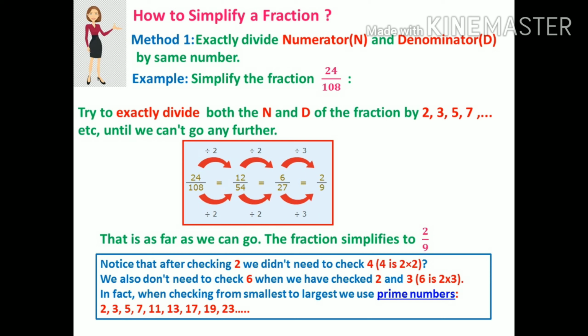So if a number is not divisible by 2, it will not be divisible by 6 as well. So there is a rule that for checking from the smallest to largest, we use prime numbers 2, 3, 5, 7, 11 and so on.